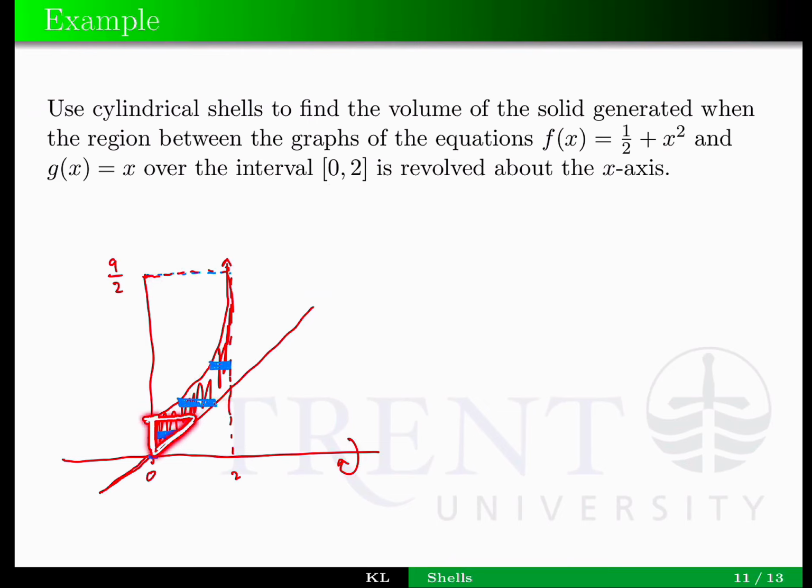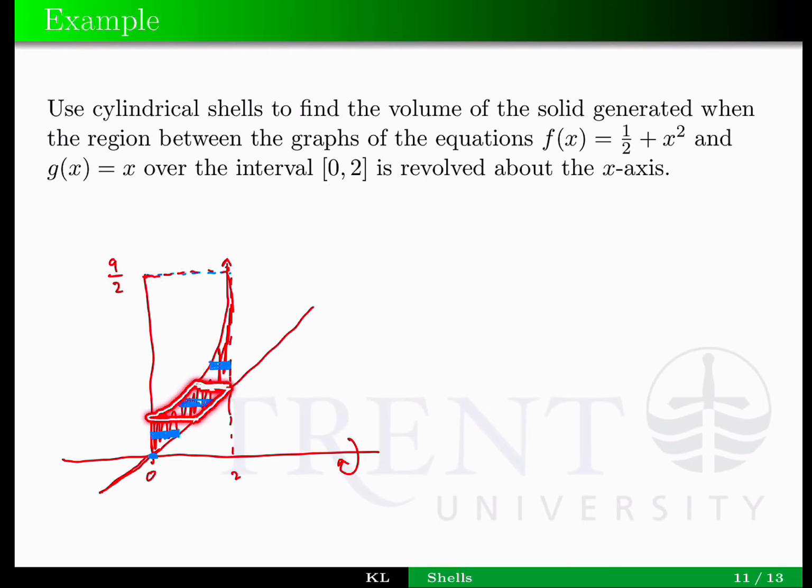But beyond this point, you will get these strips. The leftmost is now the parabola, and the rightmost is still this line. So you will get this portion here. There is a change in the leftmost.